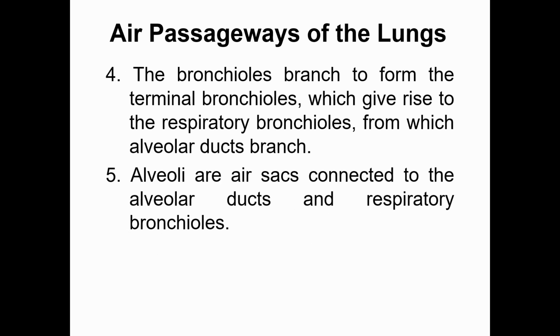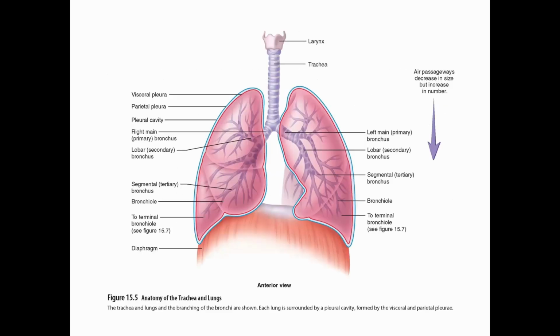The bronchioles then branch to form the terminal bronchioles, which give rise to respiratory bronchioles, from which alveolar ducts branch. Alveoli are the air sacs connected to the alveolar ducts and respiratory bronchioles. Okay, so as you can see, as you go from a larger diameter to a smaller diameter, the surface area does increase greatly.